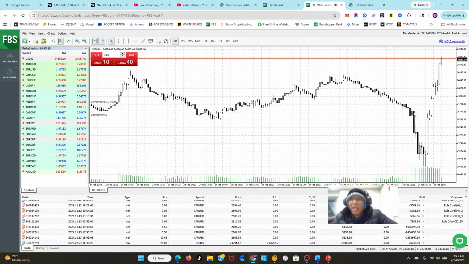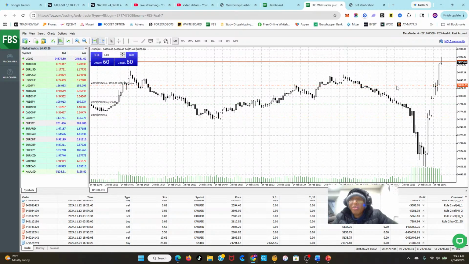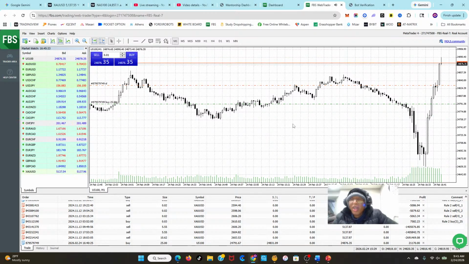Actually, right now we can move our stop loss to break even because we have moved further. We can move it up here to this big power bar. So now we have secured that no loss.